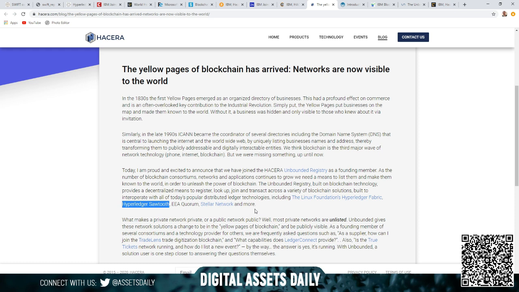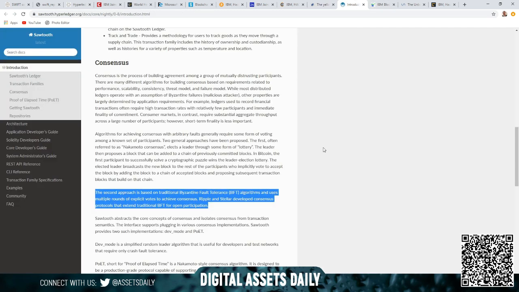And through the research, again, you've seen we have Quorum being Ethereum-based, and obviously Stellar directly stated out. Hyperledger Sawtooth we're going to get into shortly.